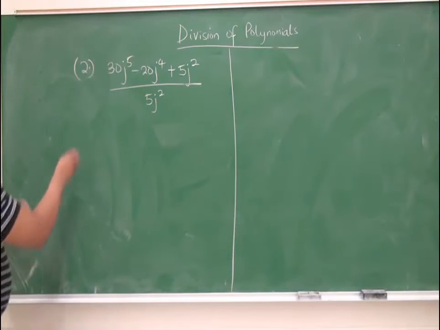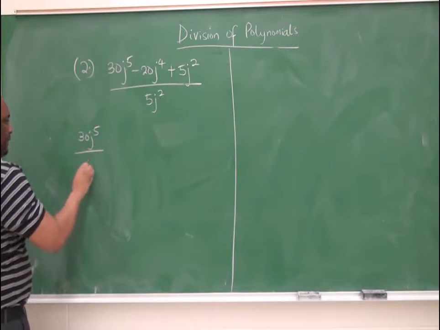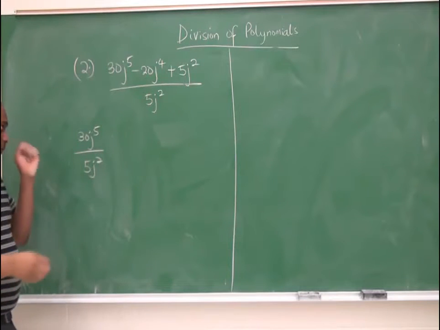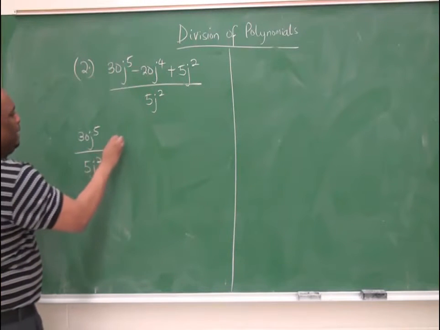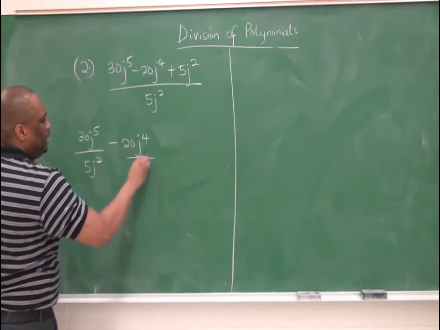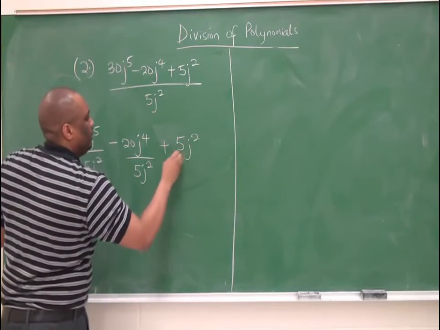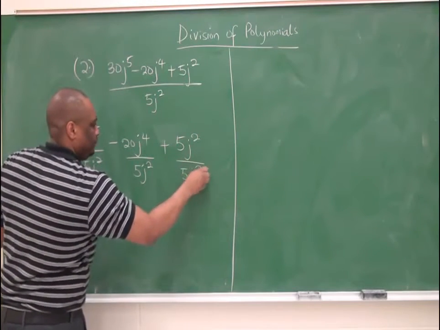So this will be 30J^5 over 5J squared, minus 20J^4 over 5J squared, plus 5J squared over 5J squared.